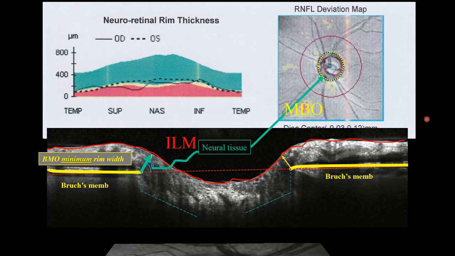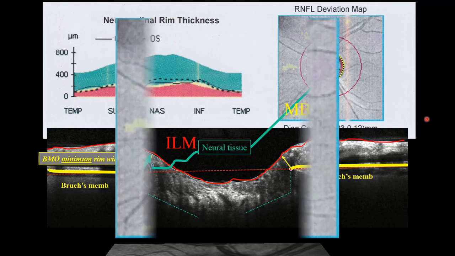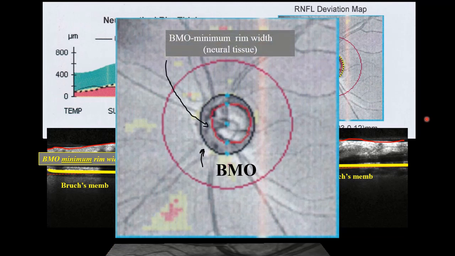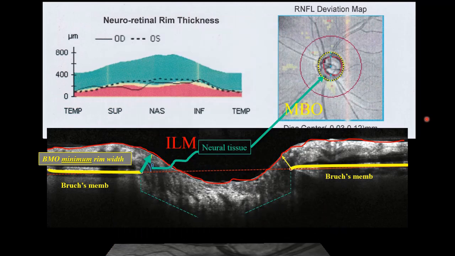In between we have the neural tissue. So the Bruch's membrane opening minimal rim width equals the neural tissue. Here this is the Bruch's membrane opening, and this is the neural tissue, the Bruch's membrane opening minimal rim width.